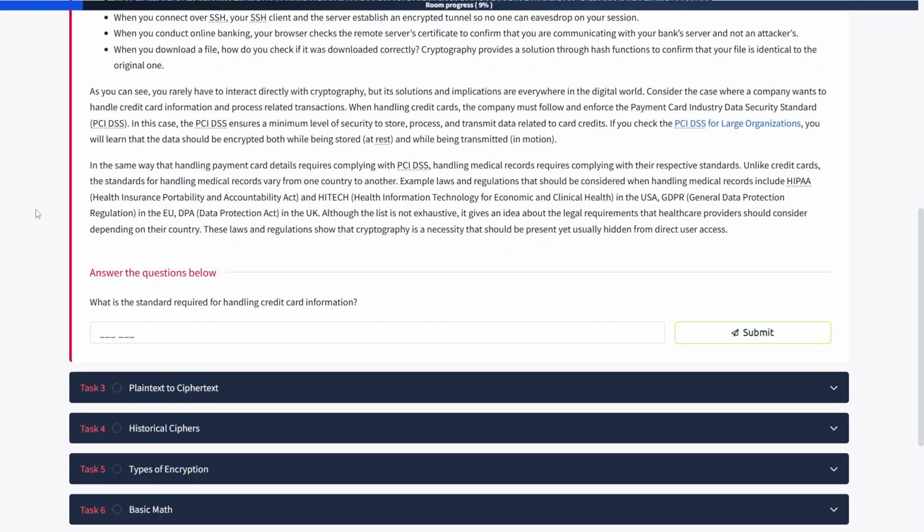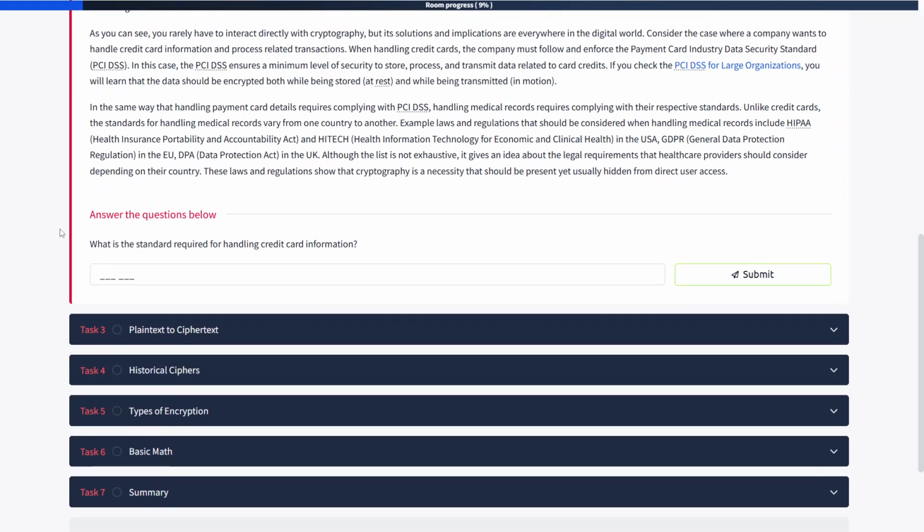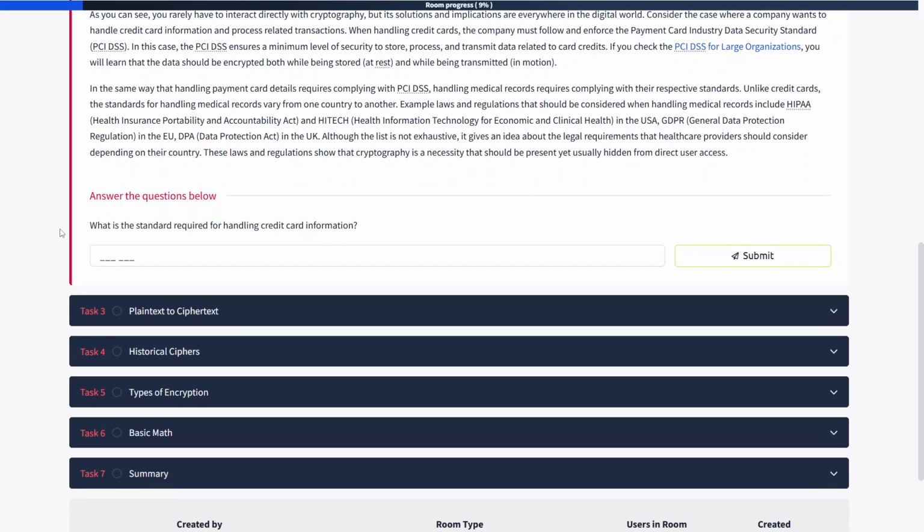Although the list is not exhaustive, it gives an idea about legal requirements that healthcare providers should consider depending on their country. These laws and regulations show that cryptography is necessary, that it should be present yet usually hidden from direct user access. Okay, now let's answer the questions.